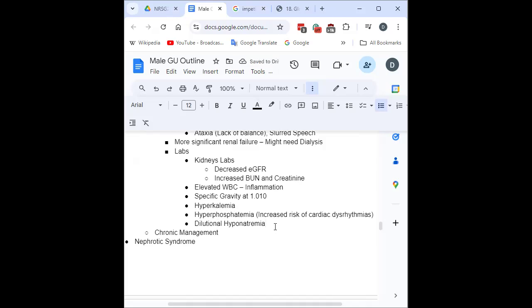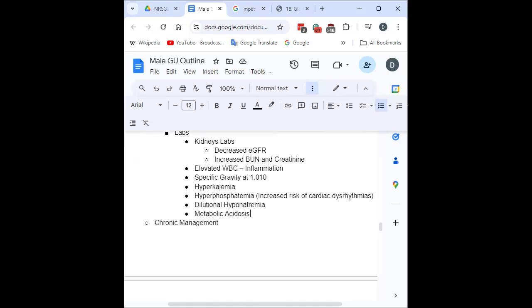Your kidneys are also kind of in charge of keeping you from being metabolic acidotic, so you might see some metabolic acidosis happening as well.